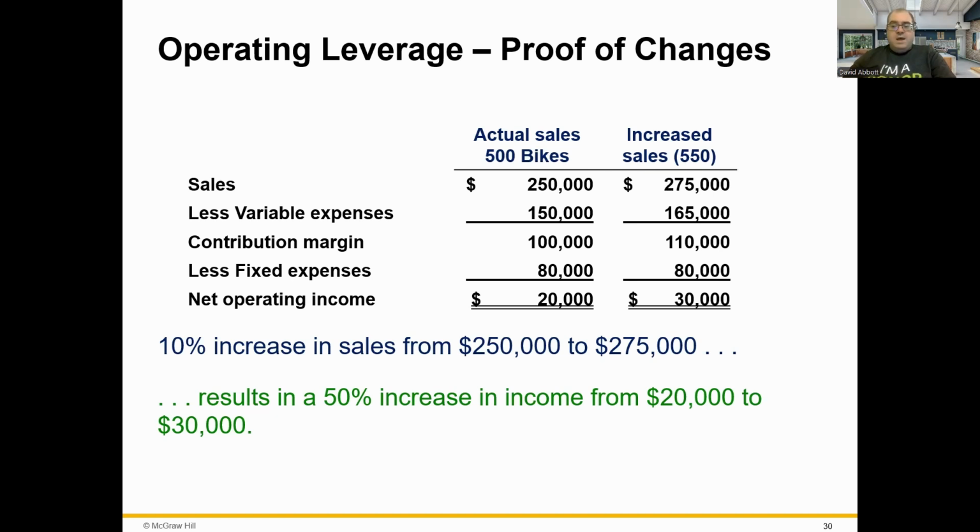Our contribution margin would be 110,000. Our fixed expenses are fixed, so they're going to stay the same regardless of the level of activity. And so our net operating income then would be 30,000, which would be a 50% increase in income from 20,000 to 30,000.